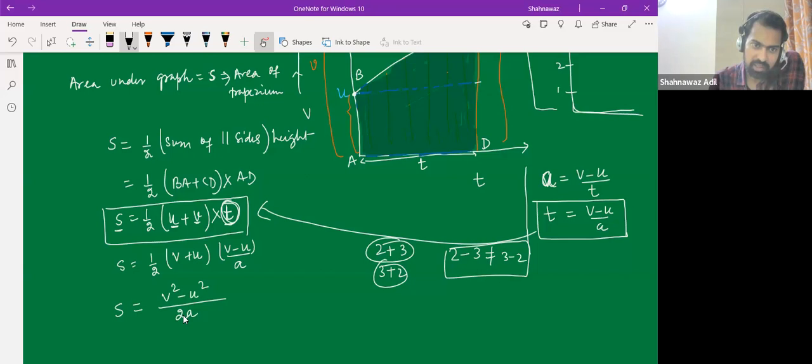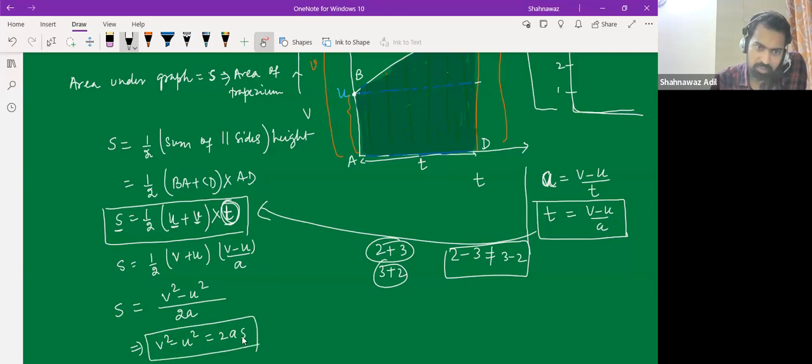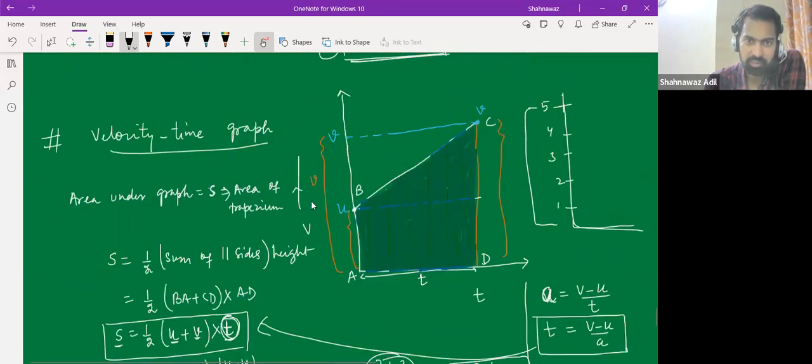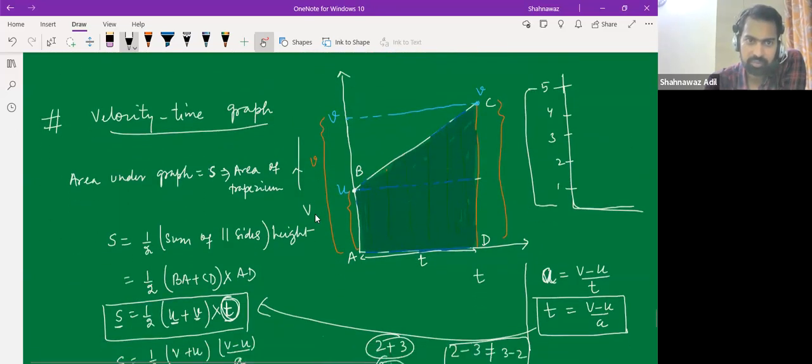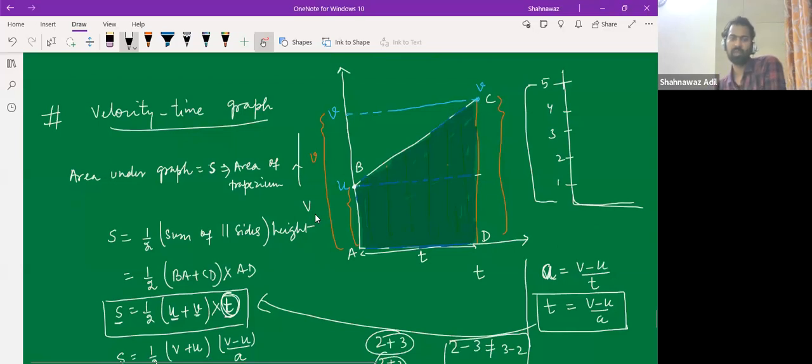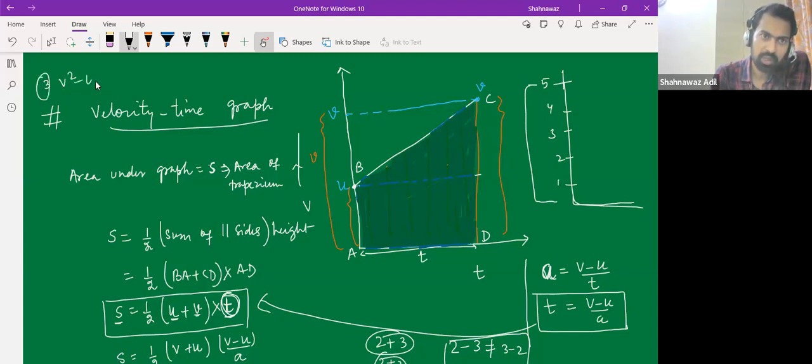And this is in the numerator, and A is in the denominator. So this will become V square minus U square equals to 2AS. This is what we wanted. Any doubt? No, sir. So we wanted to prove the third equation, which is V square minus U square equals to 2AS.